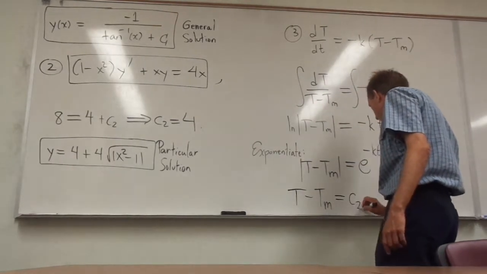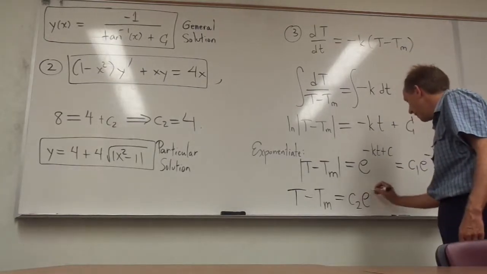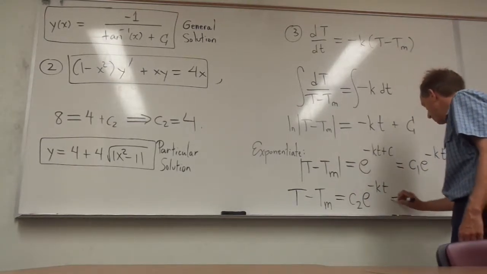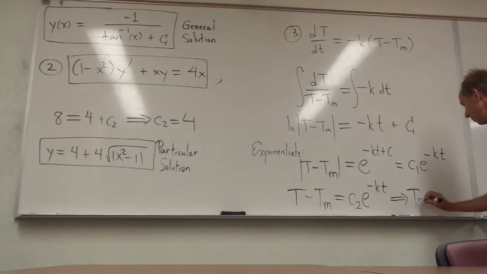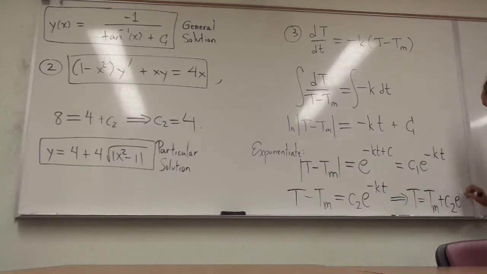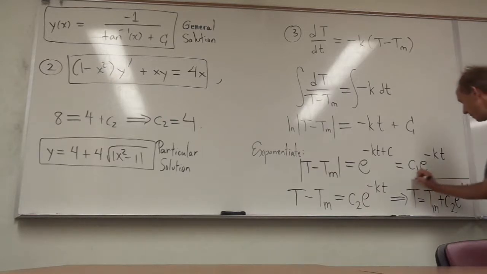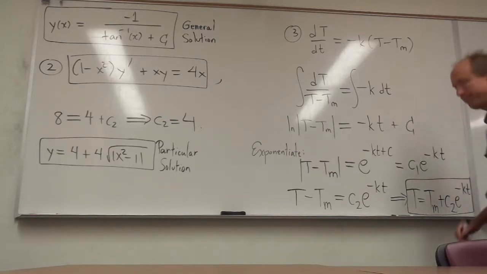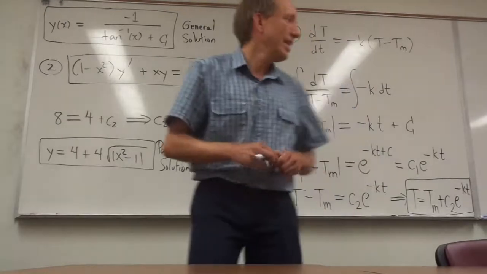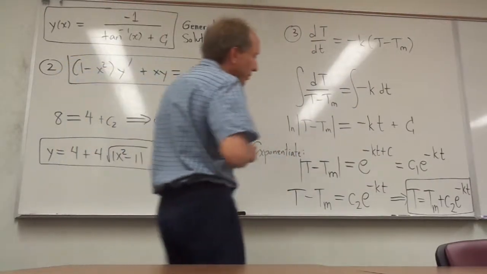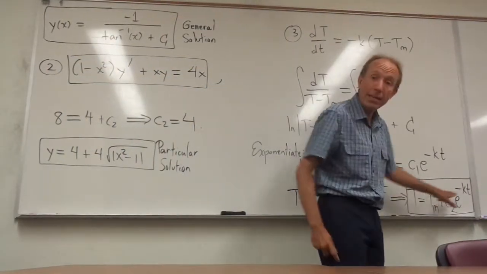That costs me a plus or minus sign. I'm going to absorb that into a C2. And I can now solve for the temperature of the object. T equals T sub m plus C2 e to the negative kt. There it is. That's the answer. That's the formula for the temperature of an object at any time t.